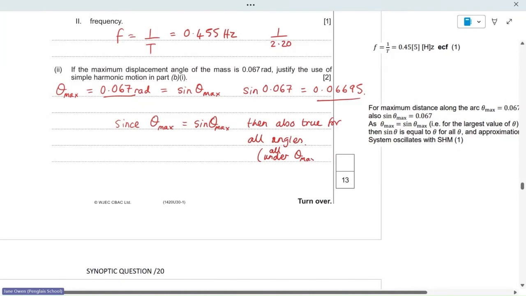So therefore, we can say that sine theta is equal to theta for all values and approximately holds. Therefore, SHM.